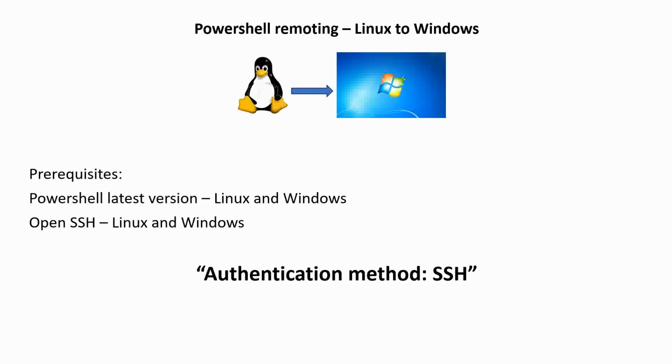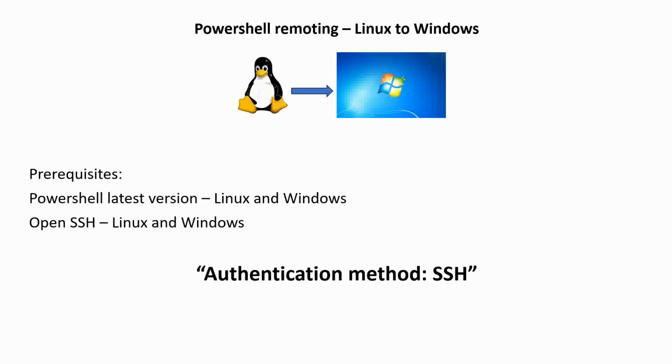So as you can see, we have to take care of some prerequisites to achieve this. PowerShell latest version must be installed on both Linux and Windows machines, and OpenSSH must also be installed on both Linux and Windows.